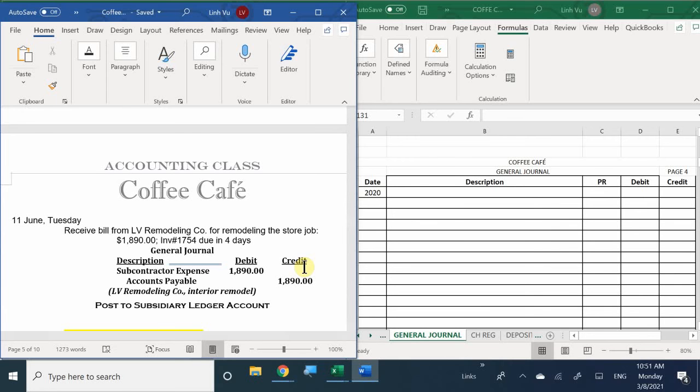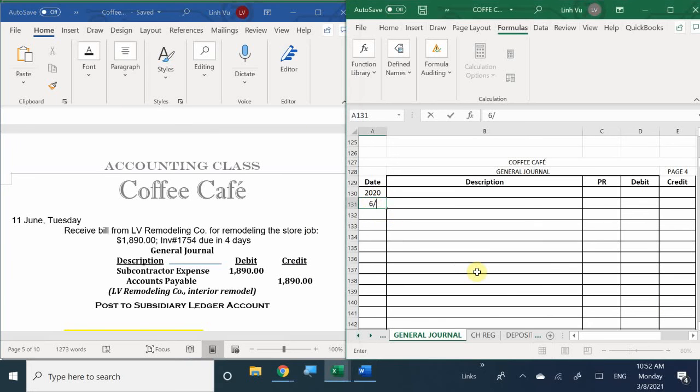Okay, because again, they're a third-party vendor. All they did was they helped design the coffee shop itself. So now that they've completed the job and they've billed us, let's go ahead and enter this information in. So first things first is the date. So it's June 11th. Okay.